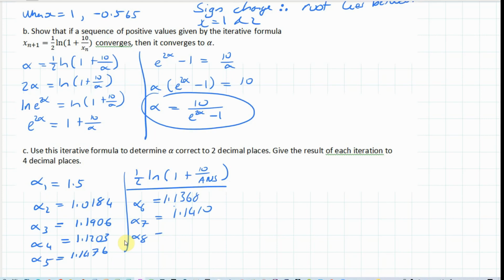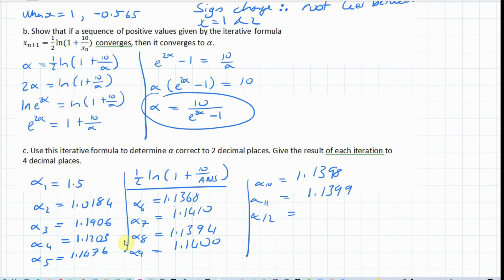Alpha 8 equals 1.1394. Alpha 9 equals 1.1400. Alpha 10 equals 1.1398. Alpha 11 equals 1.1399. You can see we're getting very close here.